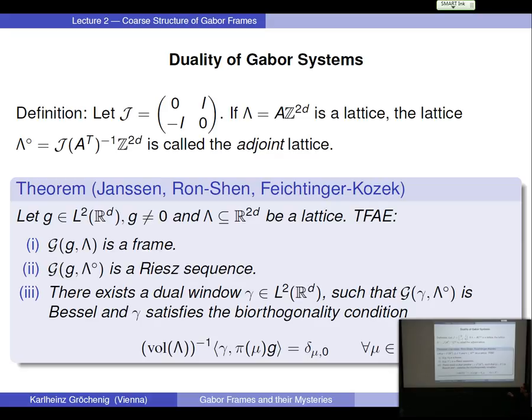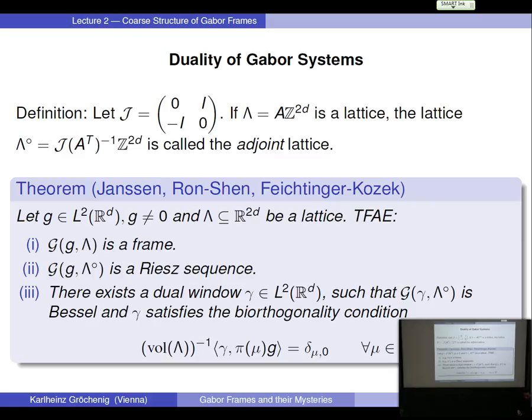The adjoint lattice is basically, you take A transpose inverse, applied to Z^2d, and then you change coordinates via the standard symplectic matrix. We saw it appear in the proof of the duality theorem, essentially when we look at how two time frequency shifts commute. And so this is the fundamental statement, the duality theorem for Gabor frames.